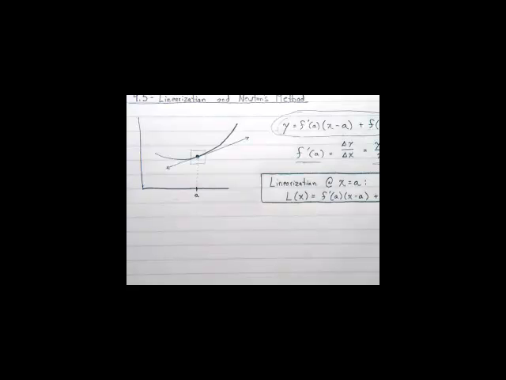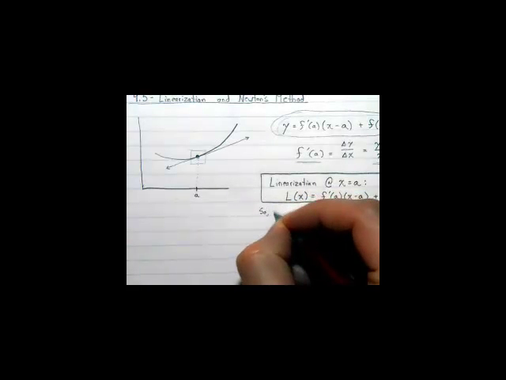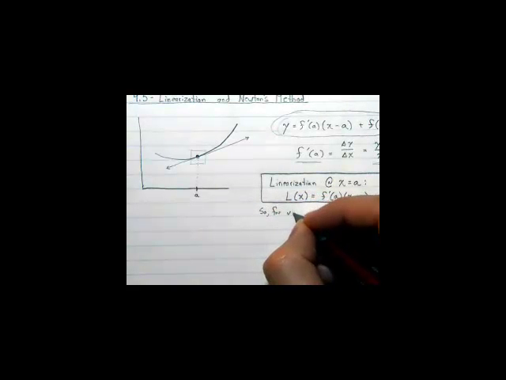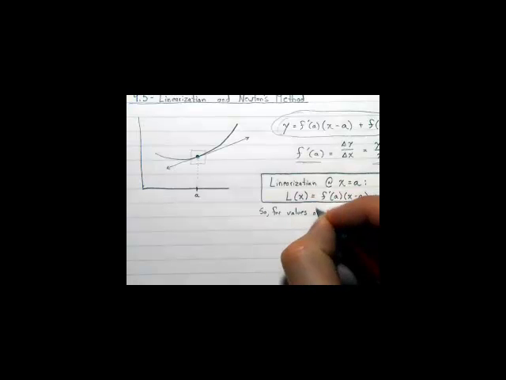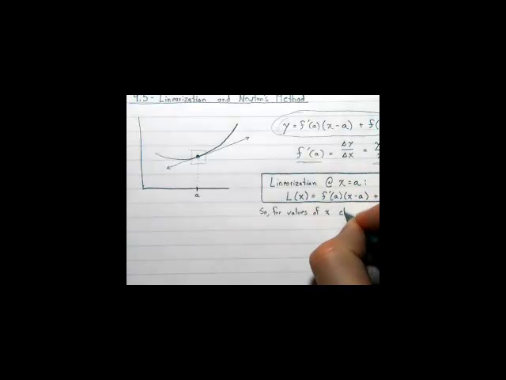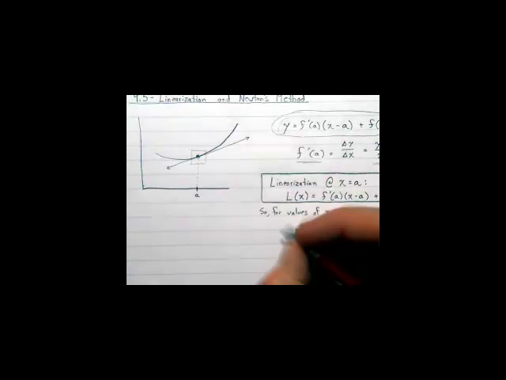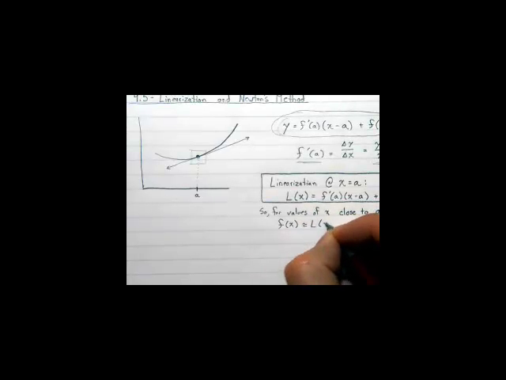So the theory is that for values of x close to A, f of x is approximately L of x.